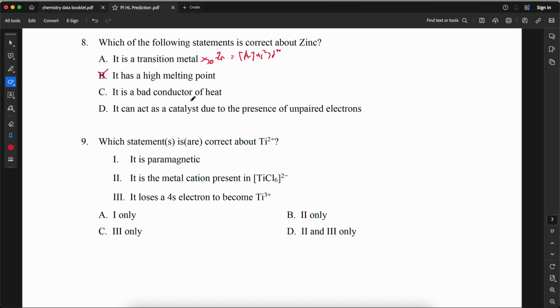It is a bad conductor of heat. It is actually a good conductor and it has delocalized electrons. It can act as a catalyst due to the presence of unpaired electrons. It is not unpaired but paired because 3d10, so all the d orbitals will be filled by electrons. So it's a paired electron. So it is incorrect. The correct answer is B.